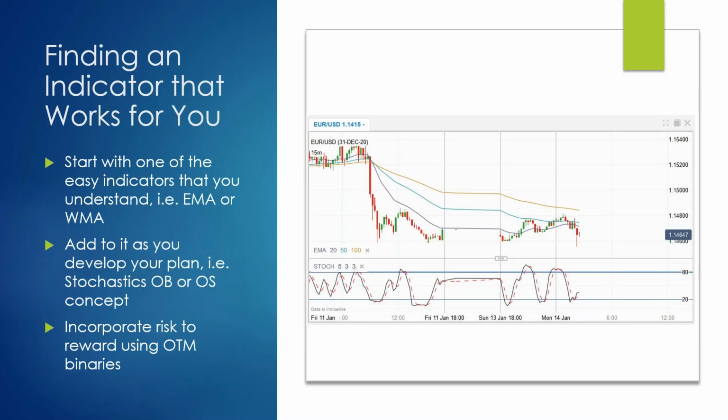And if you can manage to incorporate risk to reward by using the out of the money binaries or by using the touch brackets or the call spreads, then you begin to realize you don't need to be the world's greatest trader. You just need to be right more times than you're wrong, which means you really just need about 55% if you're using risk to reward.